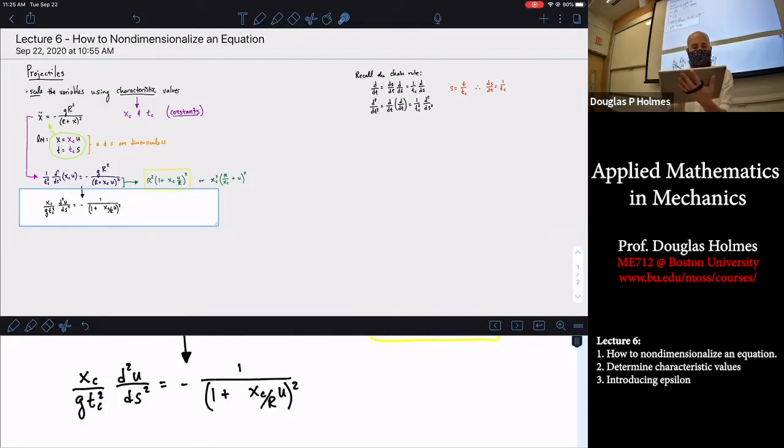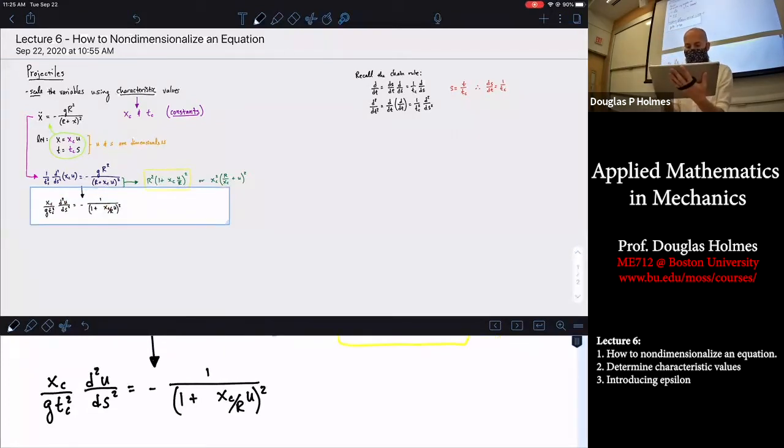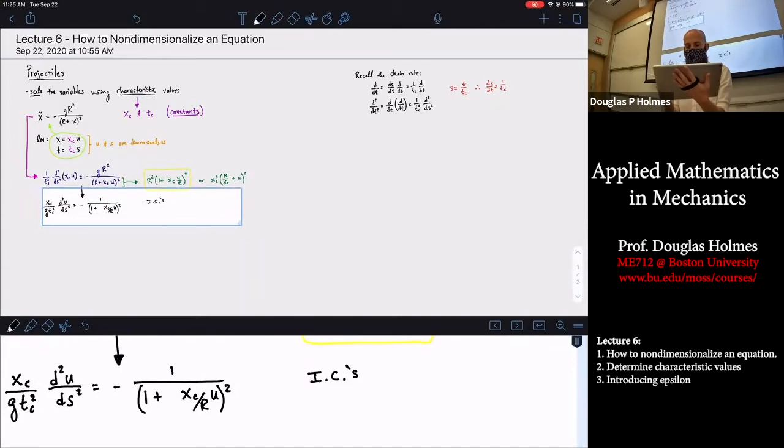We can do the same for our initial conditions, which I realize now I didn't write down before. Our initial conditions are such that the height at time 0 is 0. That's pretty straightforward. My dimensionless height is still 0. Nothing changes there.